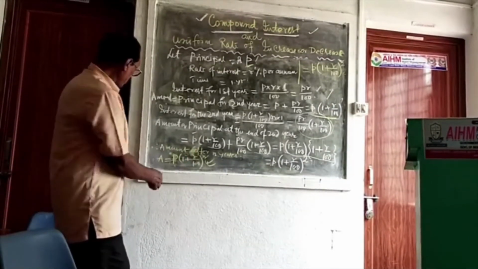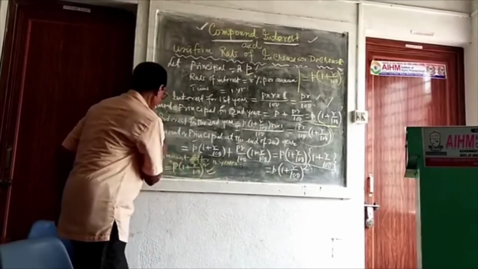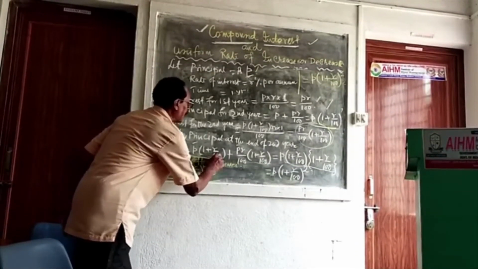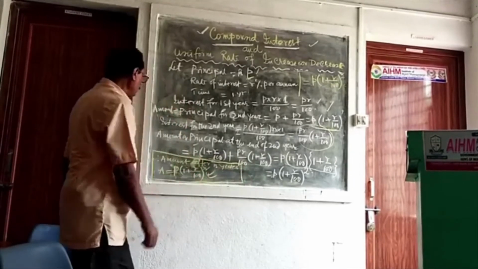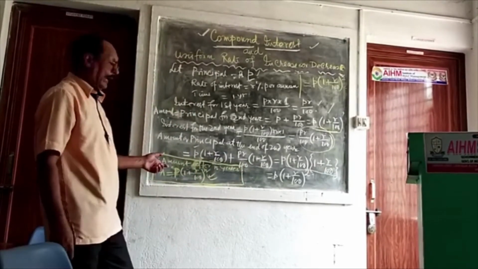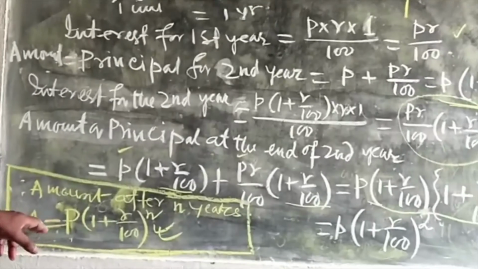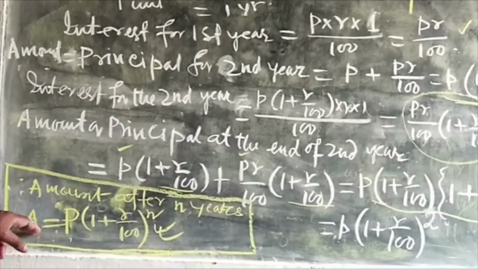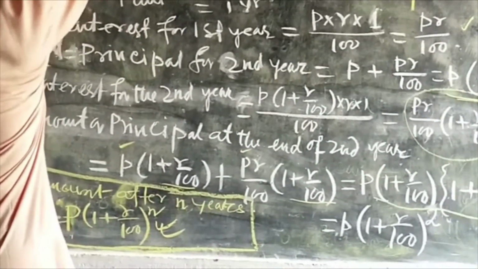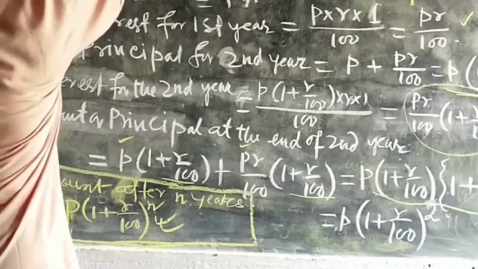So this formula will be used as an empirical formula to calculate the compound interest amount, and from there the interest will be calculated, that is, the compound interest will be equal to amount minus principal.